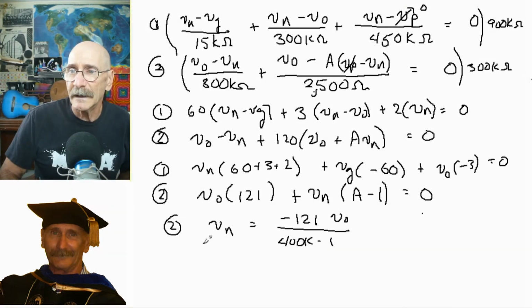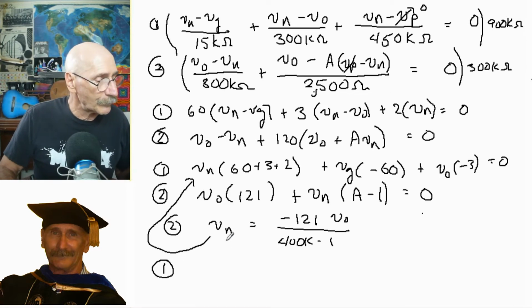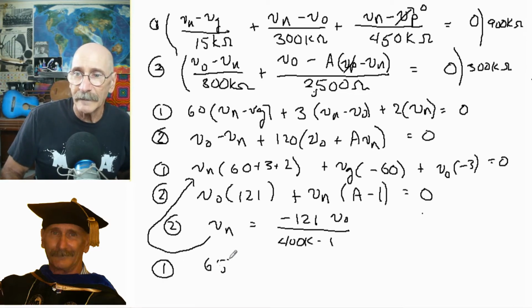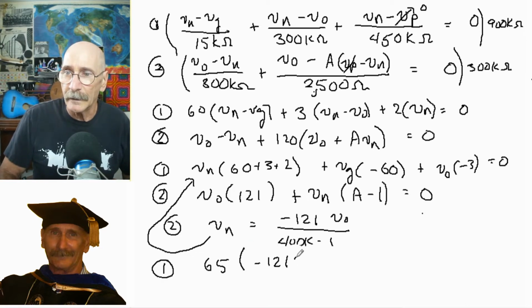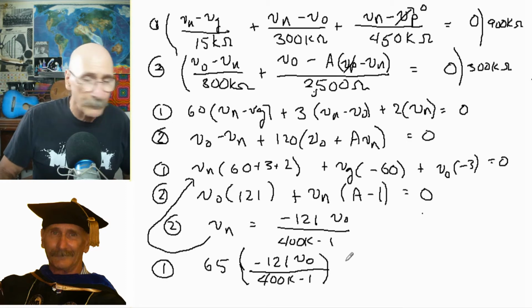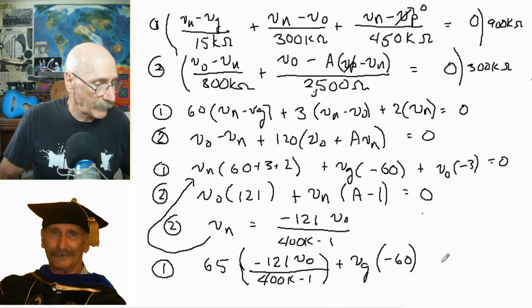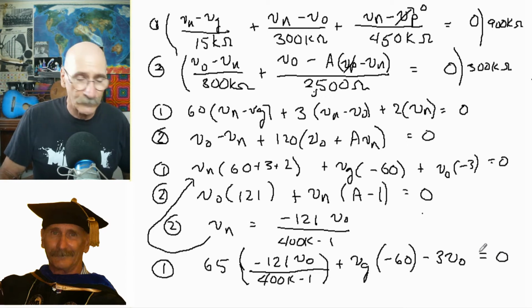We take this Vn from equation 2 and plug it back into equation 1, which becomes 65 times minus 121 Vout divided by 400,000 minus 1, plus VG times minus 60, minus 3 Vout. All that adds up to 0.